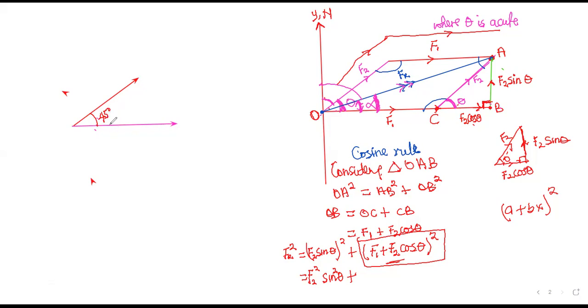So theta is 45. F1 is 20 Newton. F2 is 25 Newton. The angle between them is 45. We are to find the magnitude of the resultant and the direction.